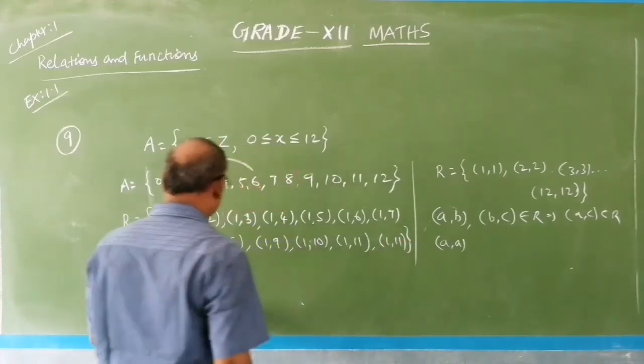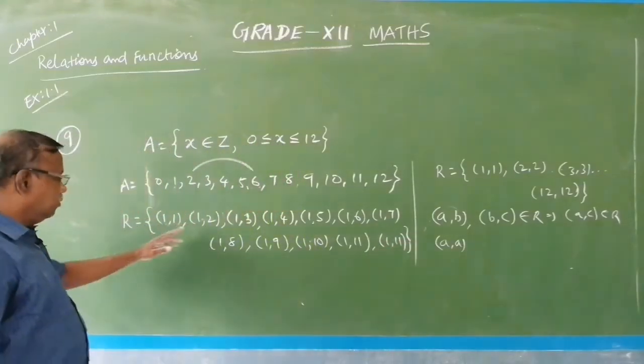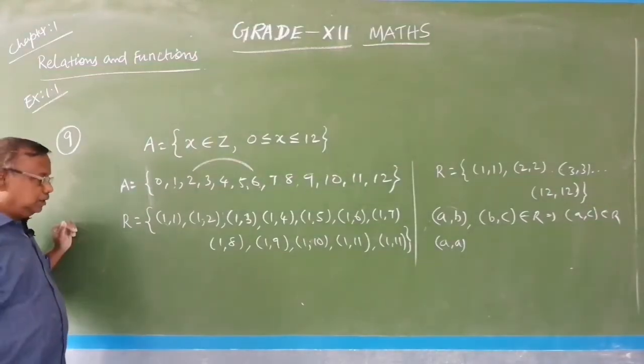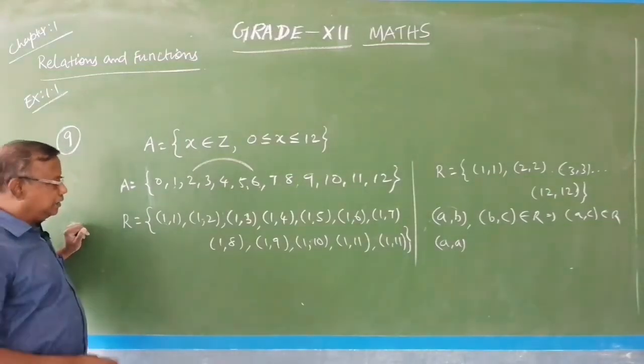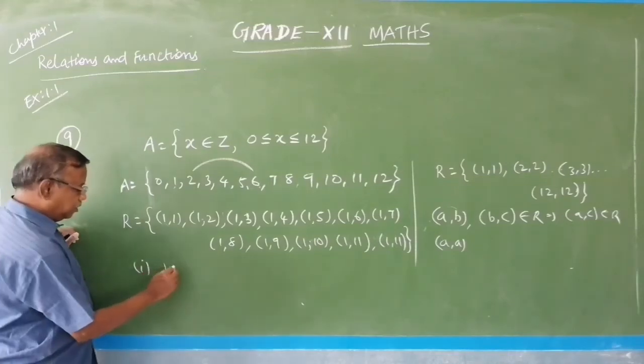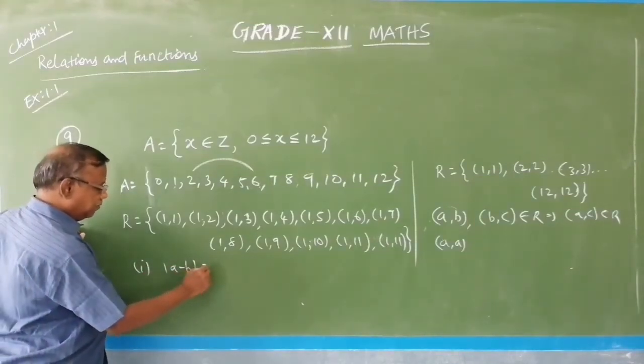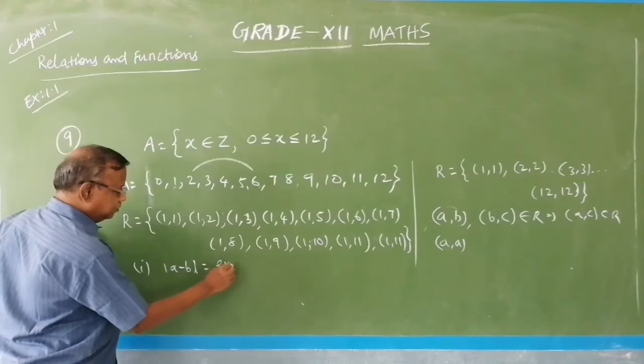So, all the elements related to 1 is 1 comma 1, 1 comma 2. Now, here the condition is for the first one, modulus of A minus B must be even.